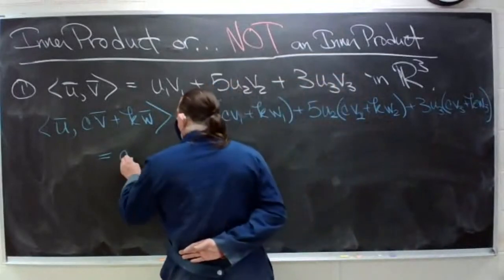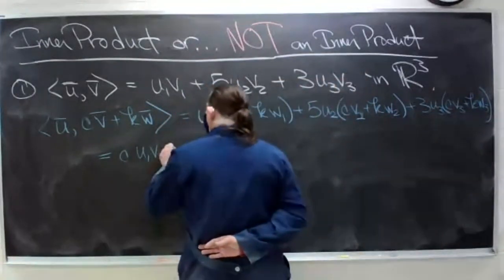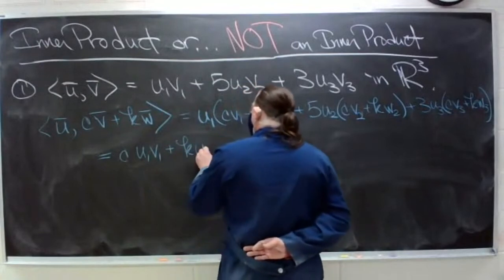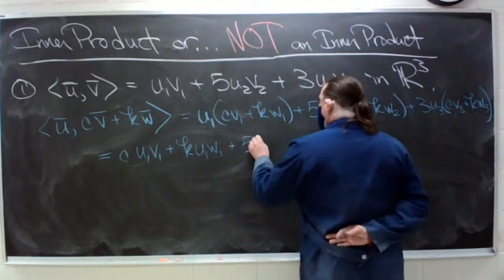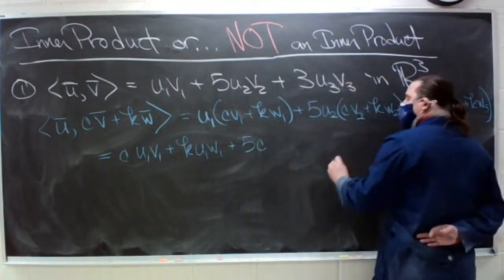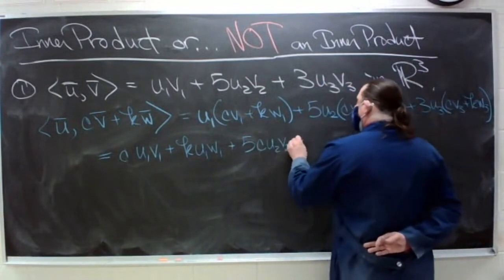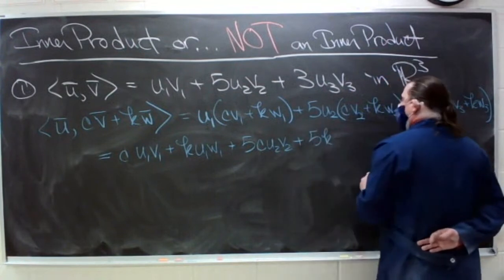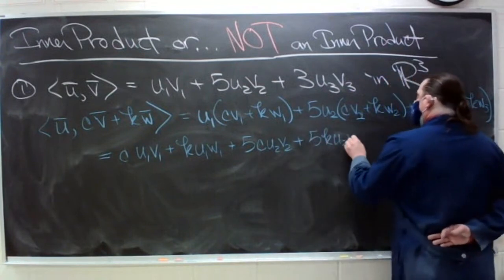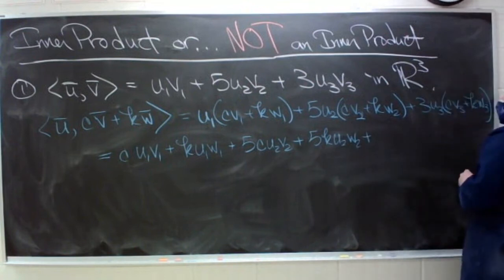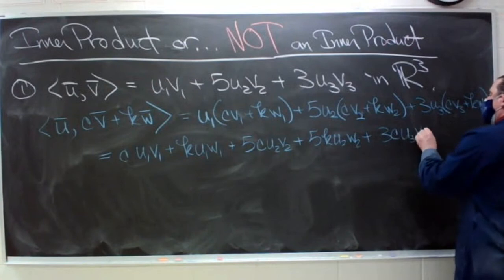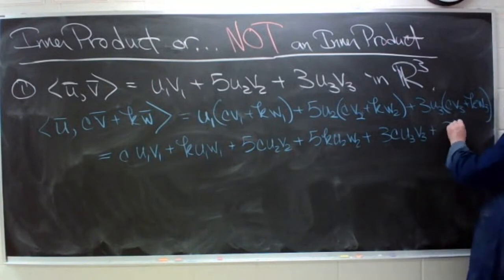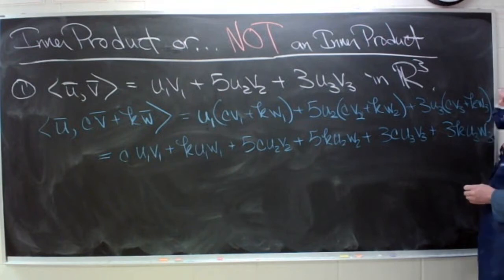So I'll say c u1 v1 plus k u1 w1, 5 c u2 v2 plus 5 k u2 w2, plus 3 c u3 v3 plus 3 k u3 w3.